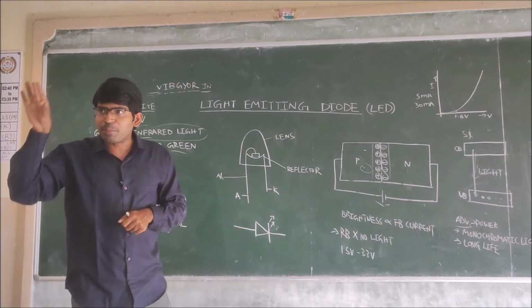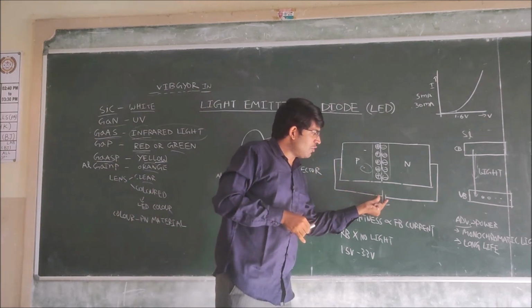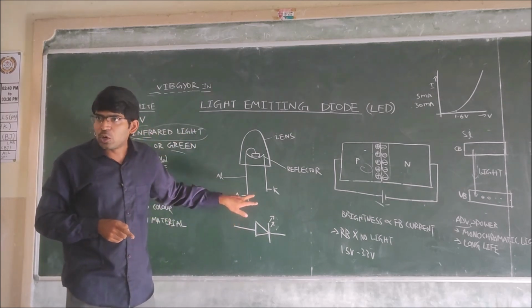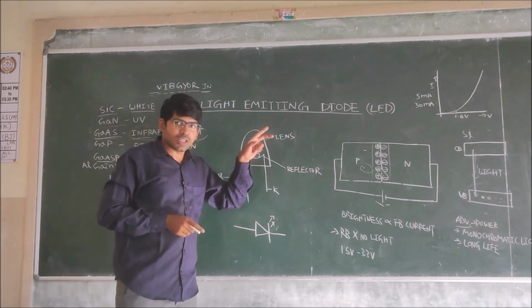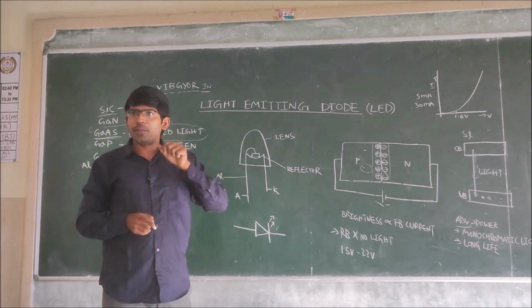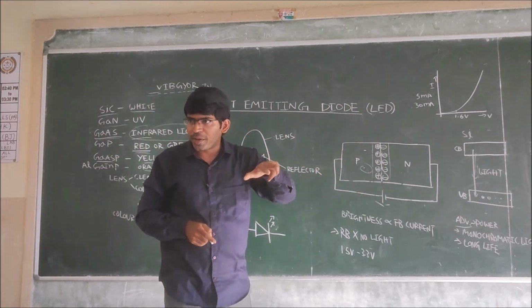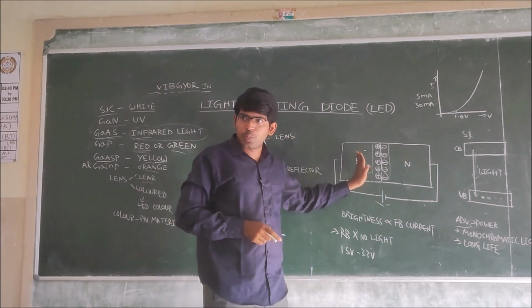How is the light coming? The principle is same. We are connecting the LED in the forward bias. This positive terminal, anode, is connected to the positive terminal of the battery. Cathode is connected to the negative terminal of the battery. Because anode and cathode are connected in a forward bias condition, majority carriers are moving from N region to P region.